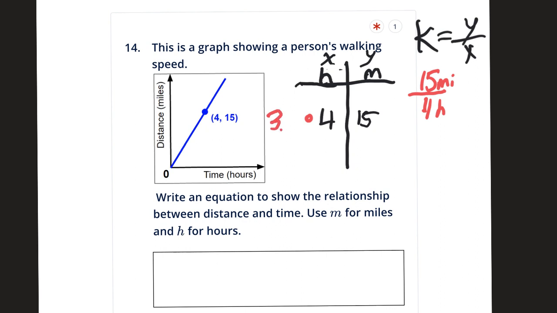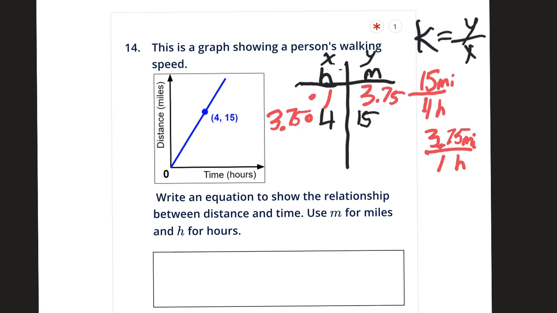Well, it means that we were multiplying 4 by 3.75. It also means that this person can walk 3.75 miles in 1 hour. So in 1 hour, they can walk 3.75 miles.